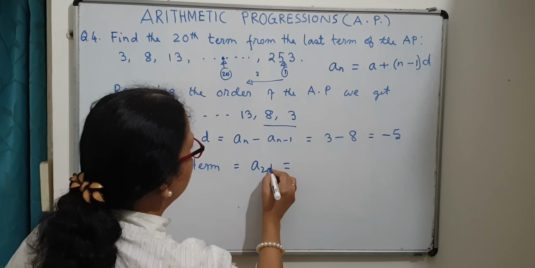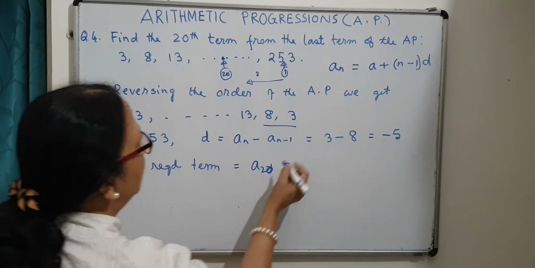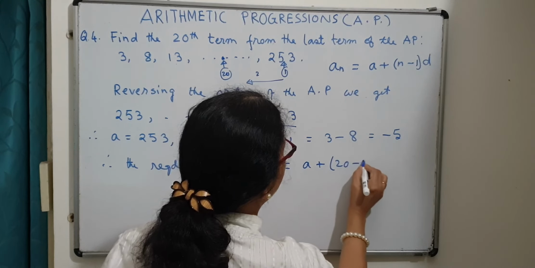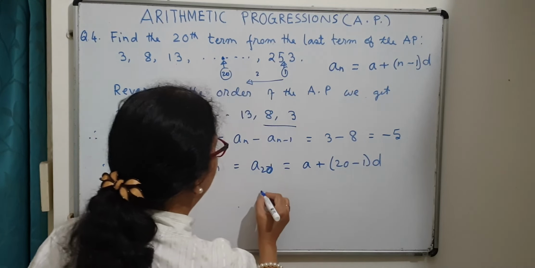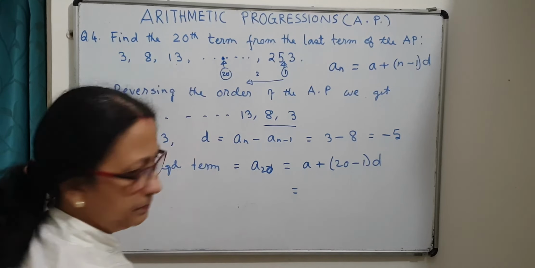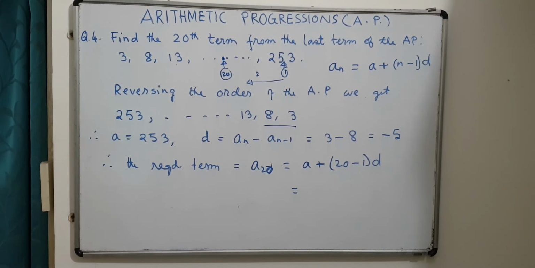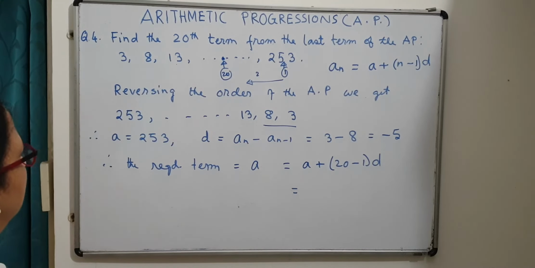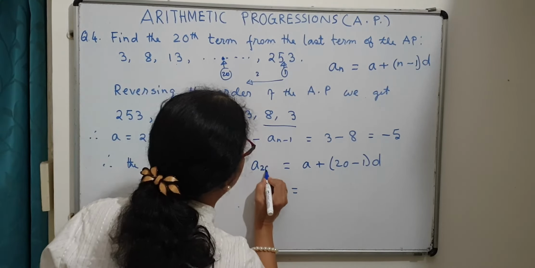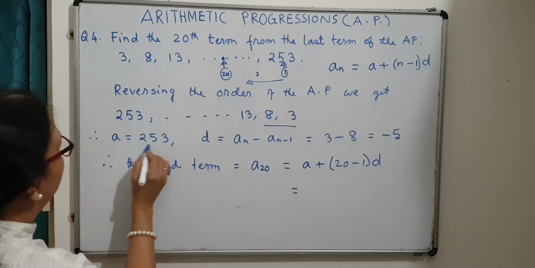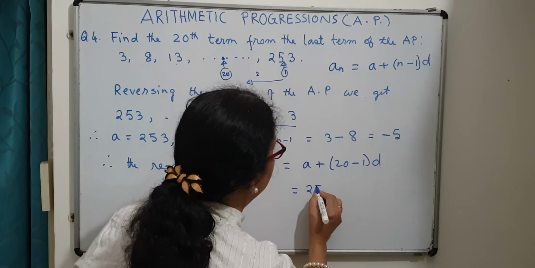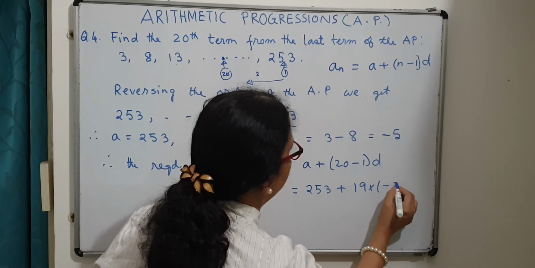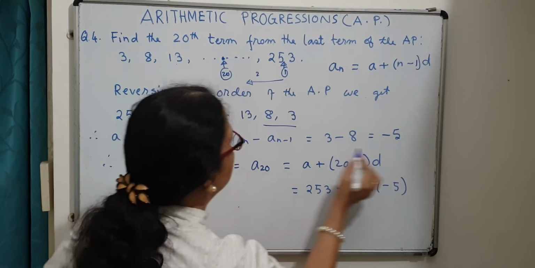So I can write, using the formula, A20 will be A plus 20 minus 1 into D. So the required term is 253 plus 19 into minus 5, since this D is minus 5.